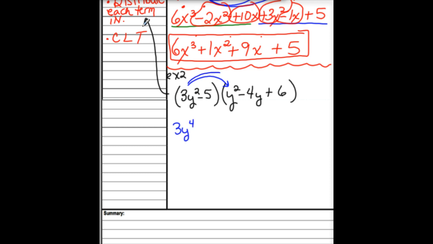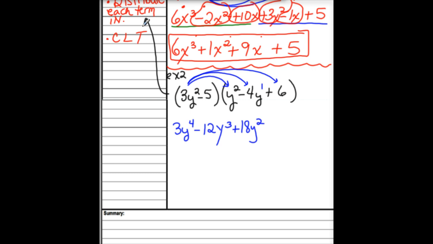Then I'm going to hop this in here, and I've got a 3y squared times a negative 4y, so watch the signs. One negative sign when you're multiplying balances out to be negative, so I'll have a minus. 3 times 4 is 12. Y squared times y to the 1st, I add those exponents for a y cubed. And then I multiply at the end here, and I have 3y squared times 6. Both are positive, so it'll give me an 18y squared.